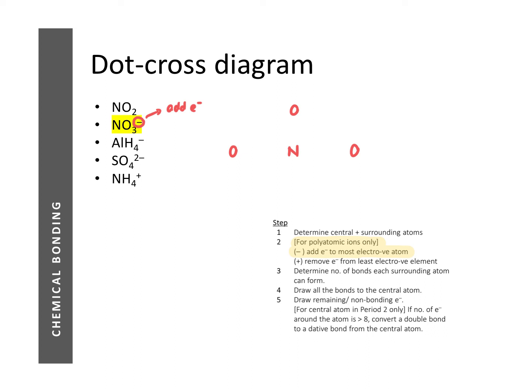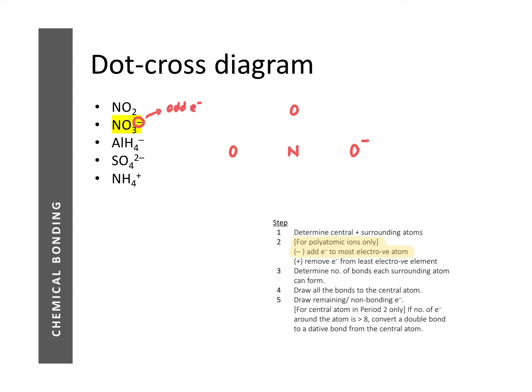In the structure we have nitrogen and oxygen atoms. If you recall the rules for electronegativity, oxygen is more electronegative than nitrogen. So we need to add the extra electron to one of the oxygen atoms. Which one, it doesn't matter.